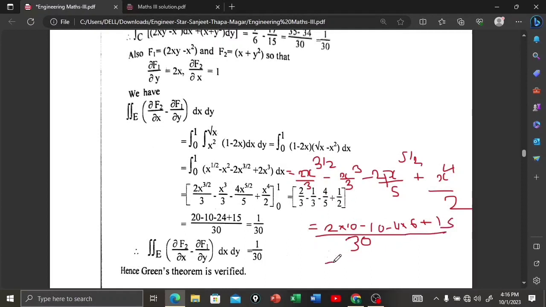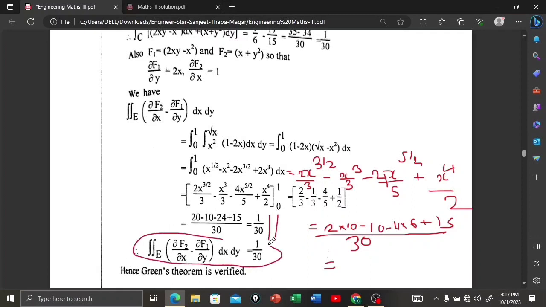So it is 2 into 10, 20, minus 10, minus 4 into 6, 24, plus 15, by 30. So it is 20 minus 10 is 10, 10 plus 15 is 25, minus 24 is 1. So it is 1 by 30.